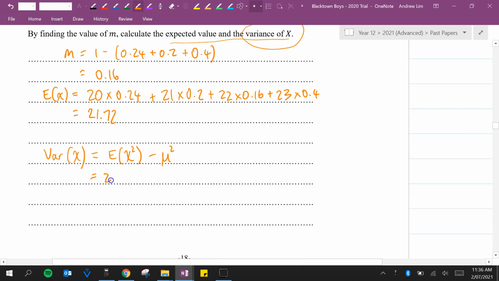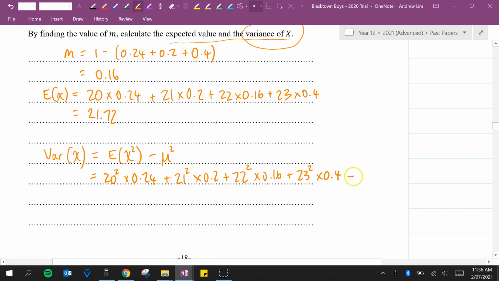So that means we're going to have 20 squared times its probability plus 21 squared times its probability plus 22 squared times its probability plus 23 squared times its probability.